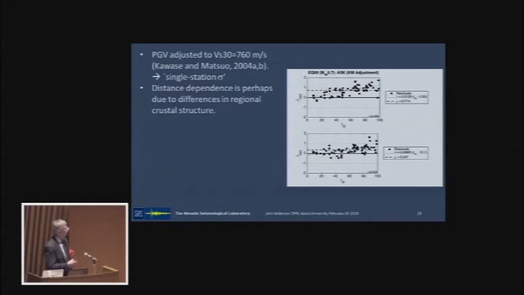What we're seeing is for both peak acceleration and peak velocity, the residuals are increasing with distance. They should not be increasing with distance if we had the same velocity model, the same Q structure in the two regions. So our issue is how do we adjust from one region to another in order to take advantage of all of the great data that you are collecting here in Japan and apply it to solve problems in regions where we don't have nearly as much data.